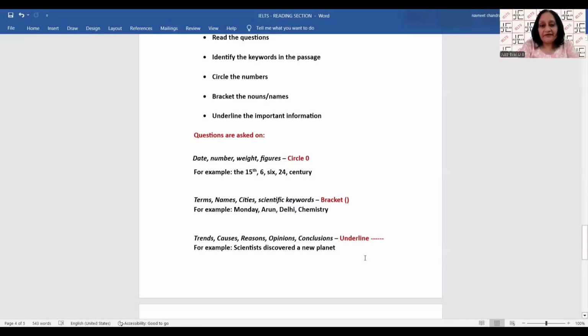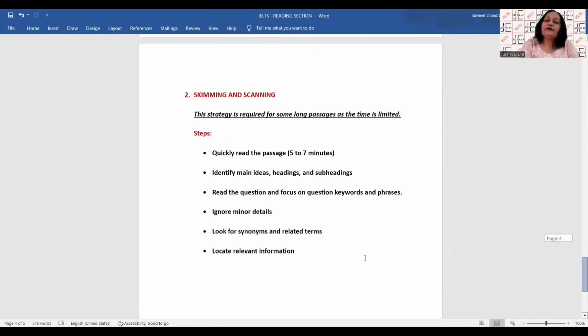Okay, let's go ahead. Now, there's another strategy which is called skimming and scanning. That is, you don't read the entire passage. Since you have very limited time, just go through the passage very quickly, take very little time to do so, identify the main ideas, headings, get the gist of it, then read the questions first, come back to the passage, find the keywords, and just ignore the minor details.